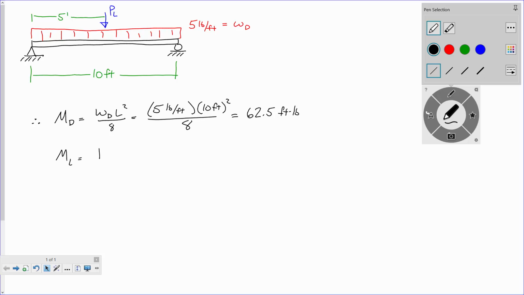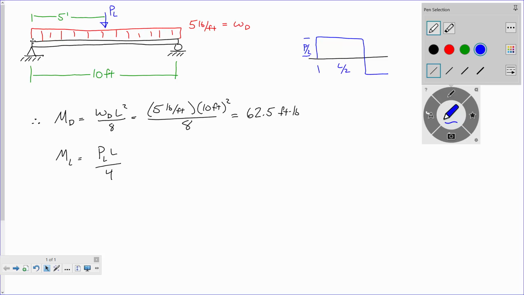P L over 4. So P sub L, L over 4. You get that if I look at the shear diagram, it goes up P over 2, and that distance is L over 2, so the area is P over 2 times L over 2, PL over 4. Y'all remember that?